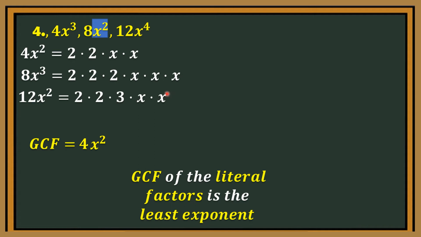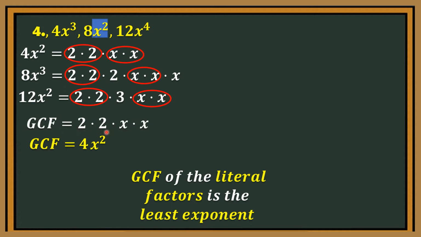What are the common factors? 2 and x. So we will have now 2 times 2, x times x. So, 2 times 2 is 4. X times x, that is x squared. That is why the greatest common factor is 4x squared.